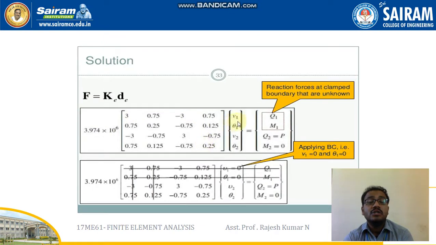How will I write the V vector? For node 1 it is V1, theta 1, for node 2 it is V2, theta 2. And coming to the force, I already said we have Fs1, Ms1, Fs2, Ms2. The same thing I will write here. So the equilibrium equation is K into V equal to F.